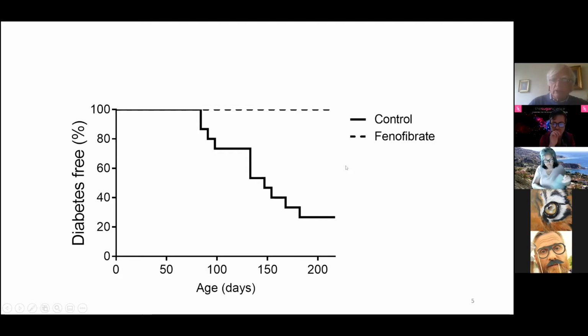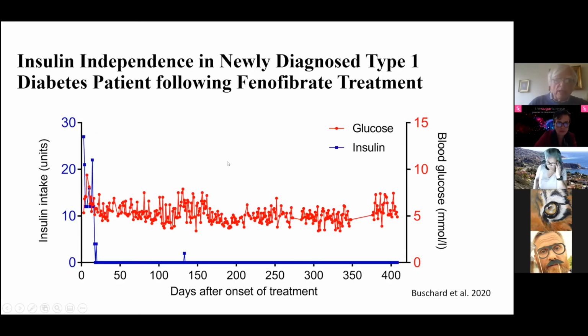Then we were lucky to get in touch with a patient. It was a 19-year-old girl who had developed type 1 diabetes classically with high blood glucose.